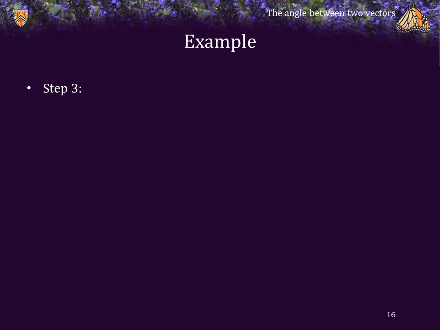Thus, to make u3 both orthogonal to the first 2 vectors and normalized, we just perform the following steps. u3 is first assigned u3 minus the projection of u3 onto u1 cap.